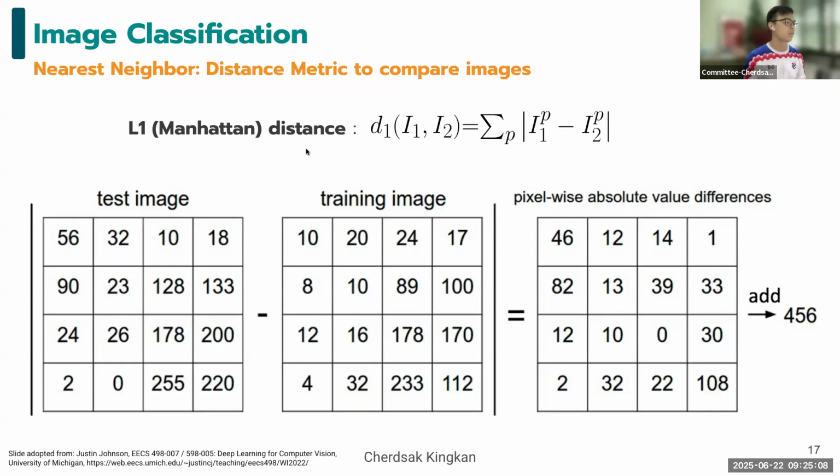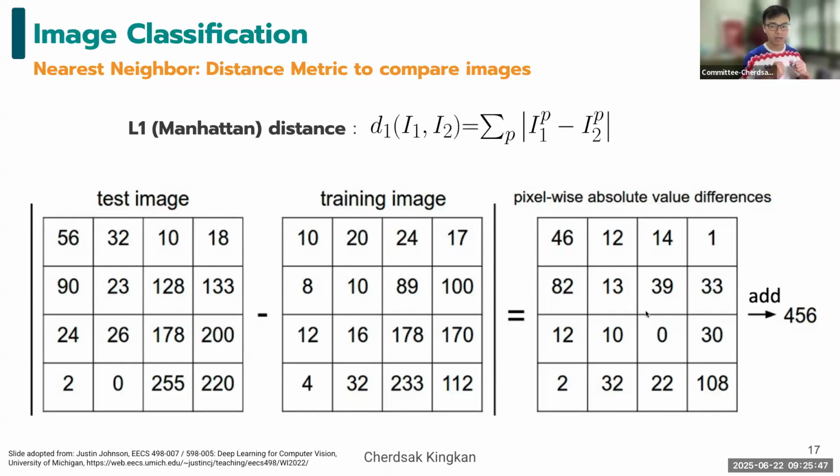By using L1 distance to compare two images, we perform a pixel-wise absolute difference. We have the test image here, and these numbers are the pixel values of each pixel within the test image. We subtract the training image pixel values from them, and then take the absolute value. Then we get the pixel-wise absolute difference over here.